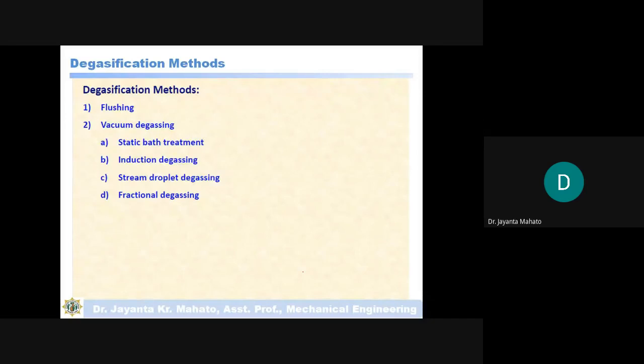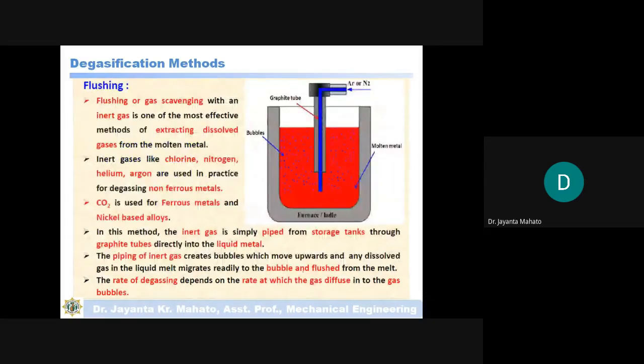So, flushing. Flushing or gas scavenging with an inert gas is one of the most effective methods of extracting dissolved gases from the molten material. Inert gases like chlorine, nitrogen, helium, and argon are used in practice for degassing non-ferrous materials. Carbon dioxide is used for ferrous materials and nickel-based alloys.